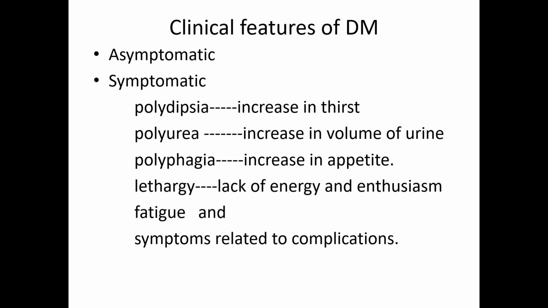Patient may be asymptomatic, particularly in type 2 diabetes in early stages, but once established, the patient will develop classical symptoms of polydipsia, polyuria, polyphagia, lethargy, fatigue, and in late cases patient may develop symptoms related to complications. So the classical triad is polydipsia, polyuria and polyphagia.